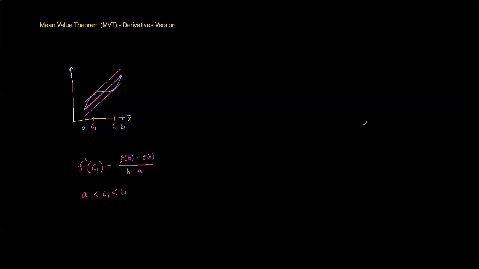So the precise statement is a little bit more interesting, right? It's very, very specific. But for those who want to know, if you have a function f of x is continuous on the closed interval from a to b and is differentiable, right? So differentiable on the open interval a to b.